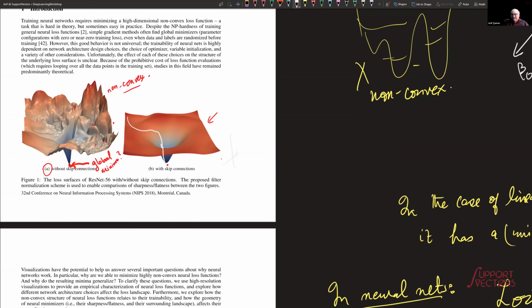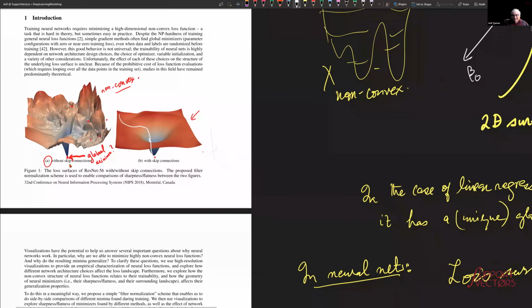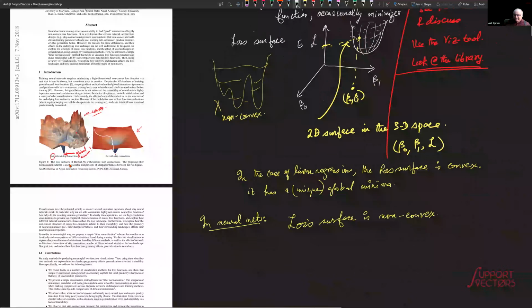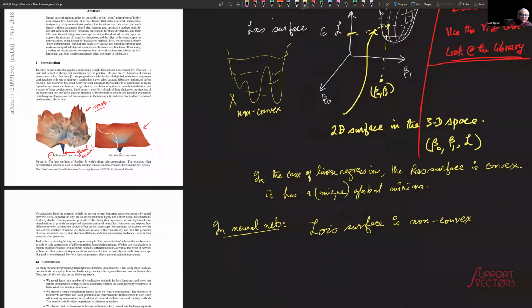So desirable, let me again put it here. So one of our desirables in neural nets, let's put it, where should we put it?